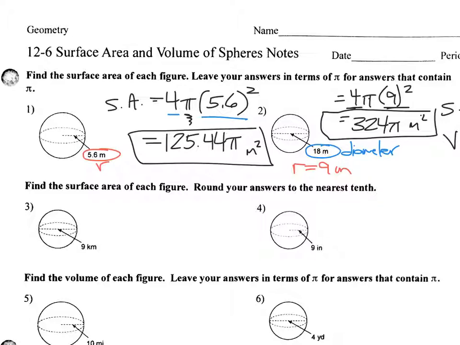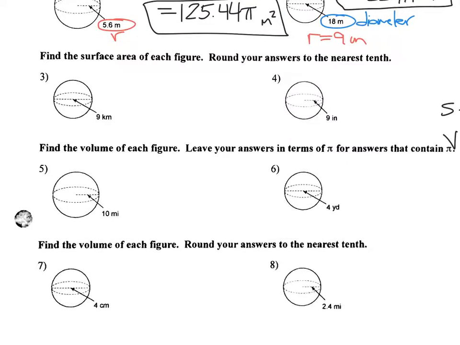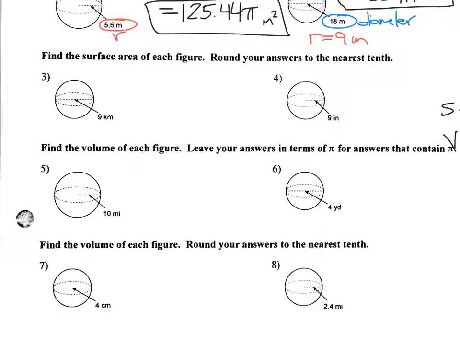Okay. Now, what happens in this one? This time it wants us to round. So the difference is that now we're just going to type it all in on the calculator. Again, we have to identify our parts. This is not radius, sorry. That is diameter. So radius would be half that, which would be 4.5, or do 9 divided by 2 on your calculator.